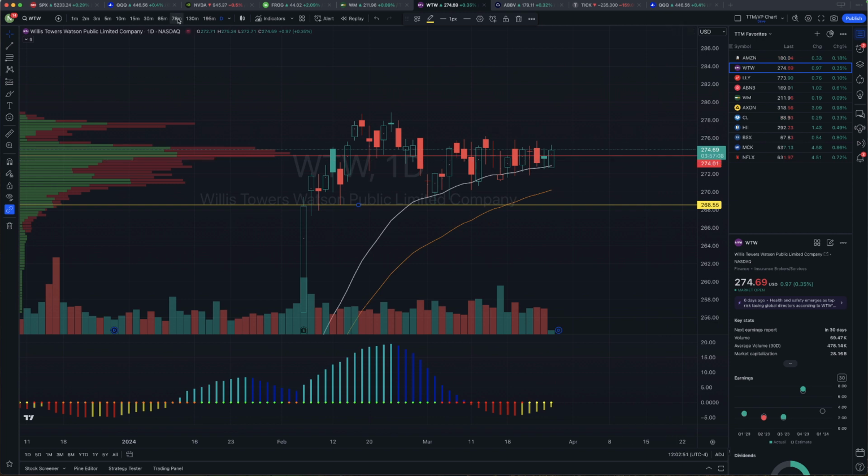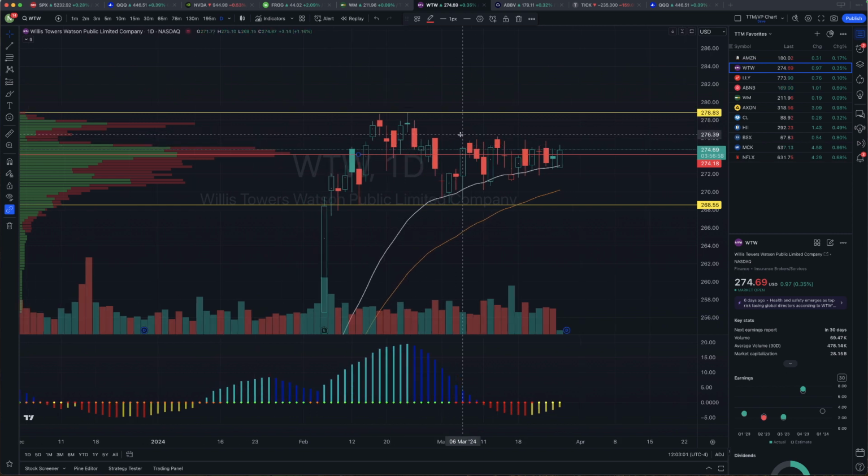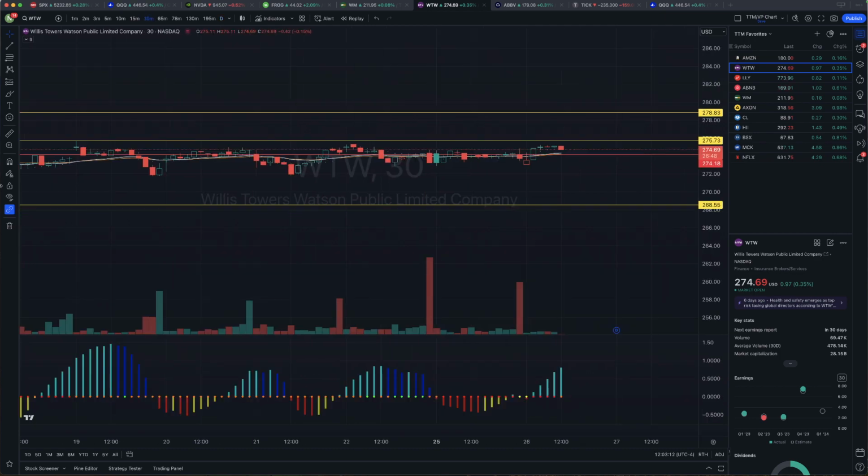Let's look at this a little closer here. So then let's get our... Test the high there. And then we've definitely got a value area high right here. So let's get a little closer.